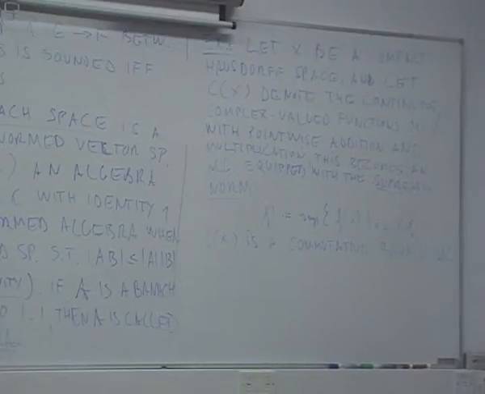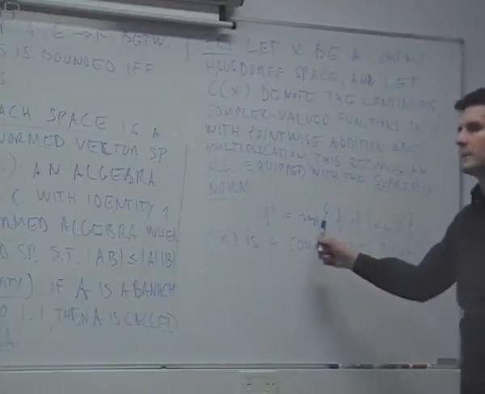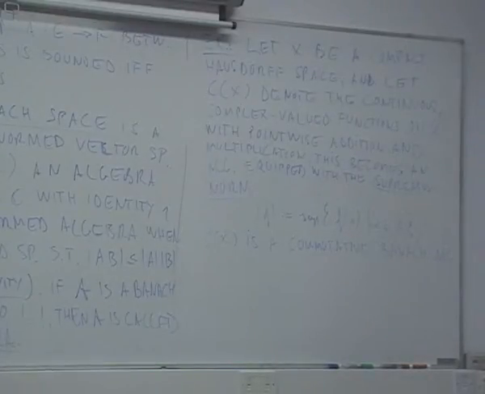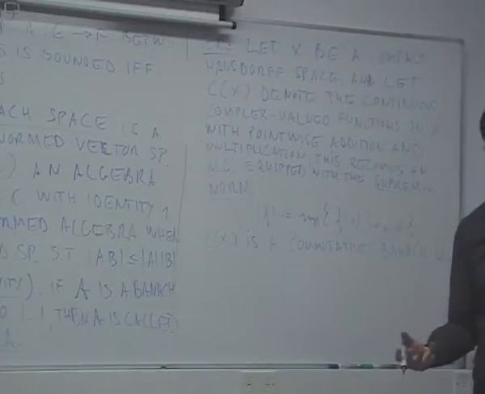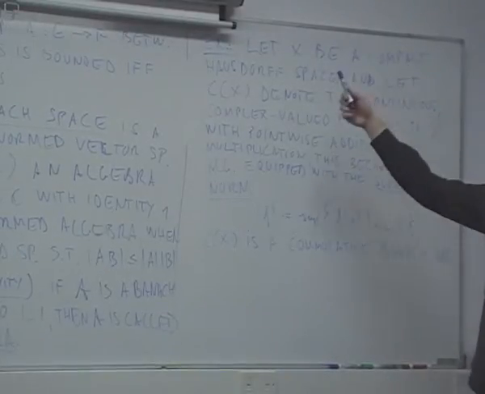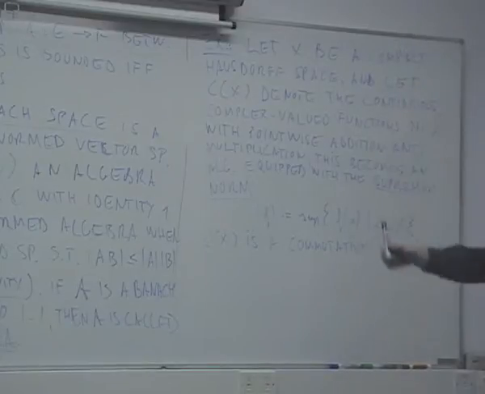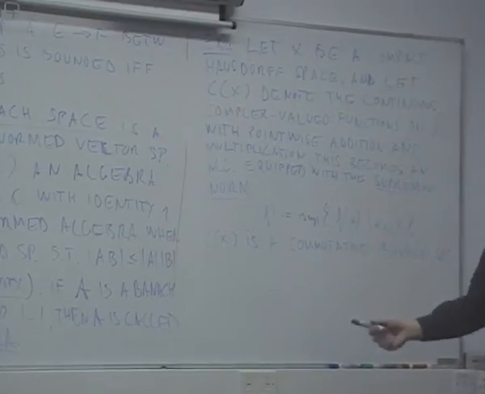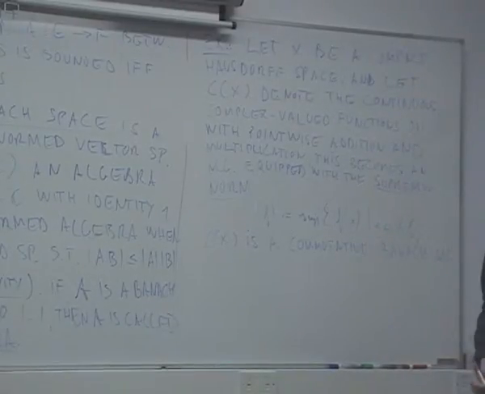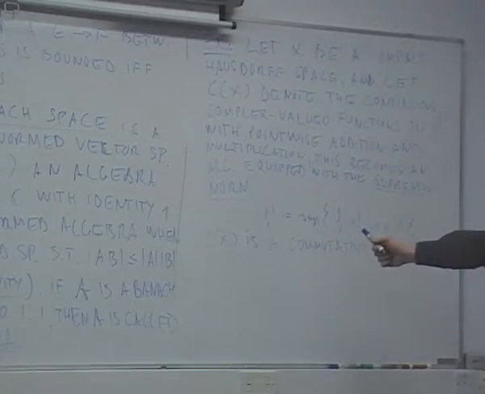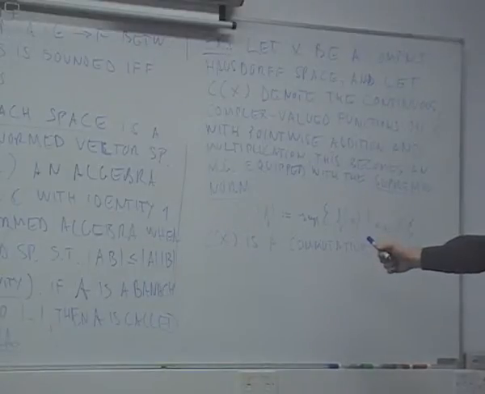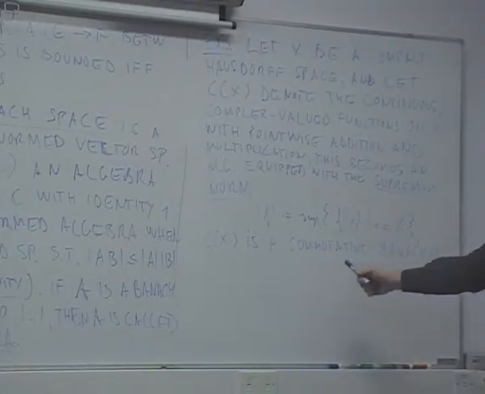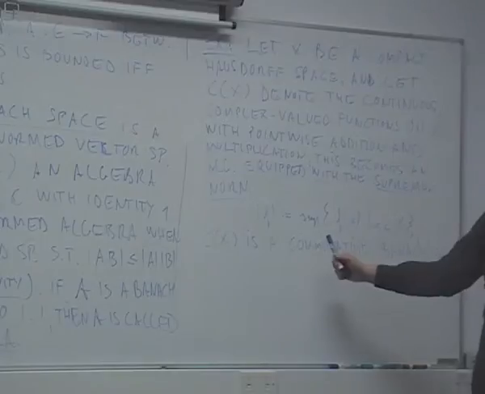Well, it's a continuous function on a compact space, so the supremum is actually attained at some x. It's not really important. You can generalize this beyond compact Hausdorff spaces to locally compact Hausdorff spaces, and then you actually have to take the supremum. But this thing exists, so every function in this space has a norm, and it's a commutative algebra, which just means the multiplication is commutative.